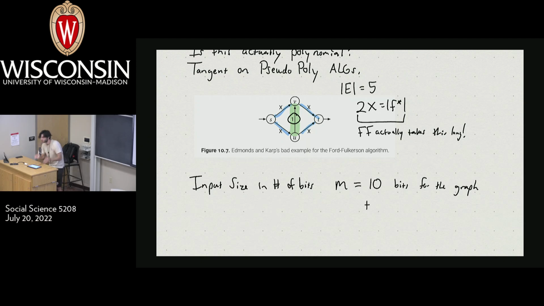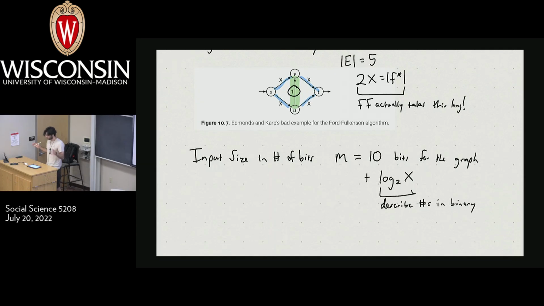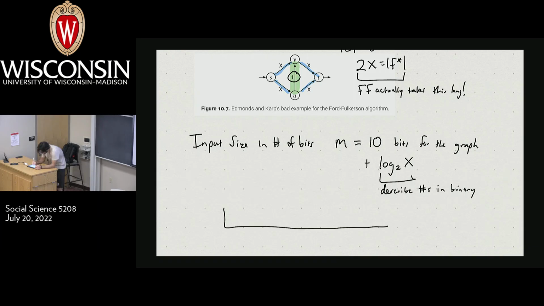So typically when we write down numbers, we write them in binary. So this is going to be log base 2 of x, because that's how we describe numbers in binary. So in terms of our whole input size, our entire input is size m, and it has this tiny little piece that's the graph, but most of it is describing x.